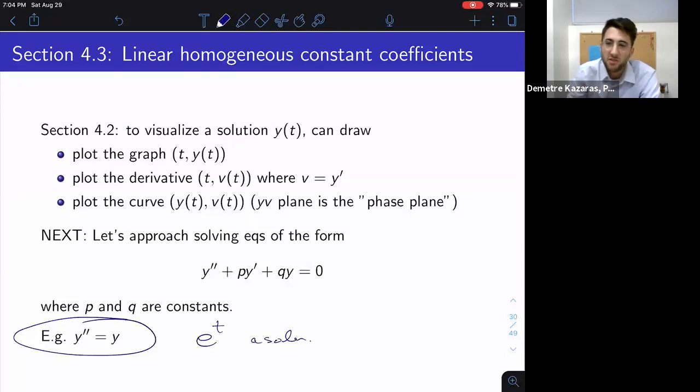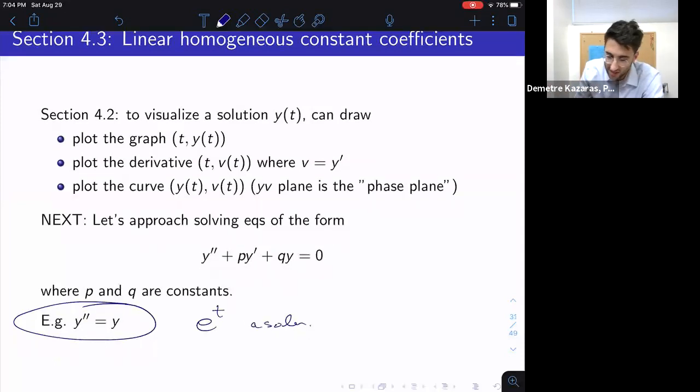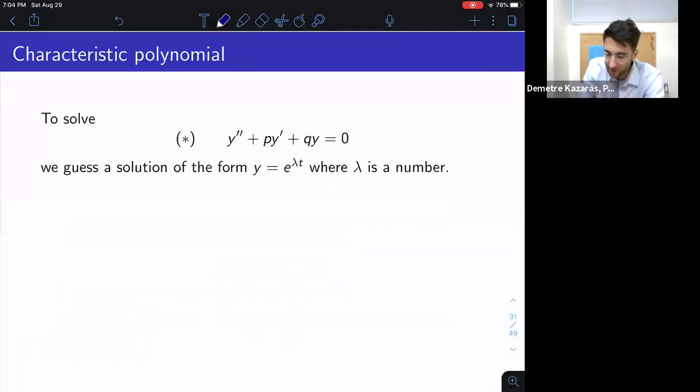Also from first order equations, we had that integrating factor that was e to the antiderivative of the number next to the unknown function in the first order equation. If that thing was constant, then you would just be like e to the t. So this leads us to the following guess.